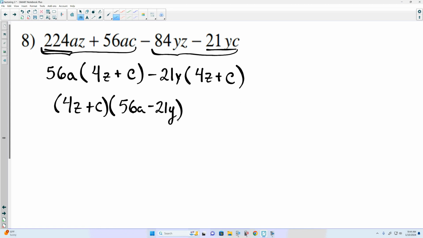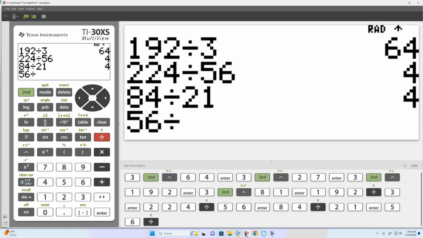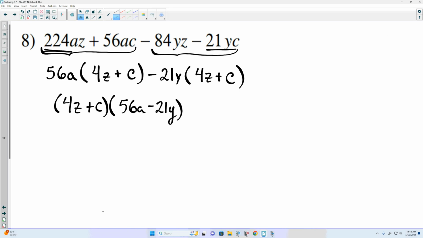And we'll leave it as this here, because the only thing I was doing there is 56 and 21 are divisible by 7.